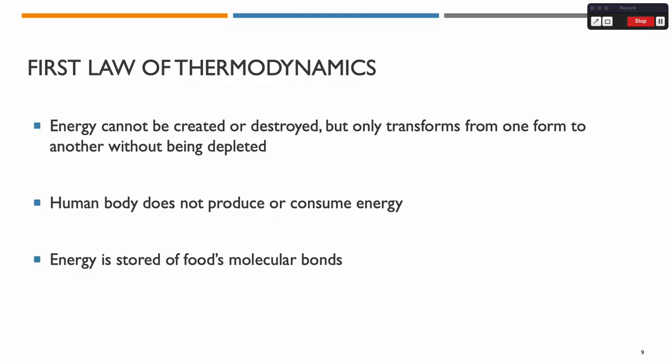The entire goal of our digestive system is to break food's molecular bonds down into smaller pieces that we then convert, through other ways that we're going to talk about, into energy that our body can directly use. Again, we're just changing that form.